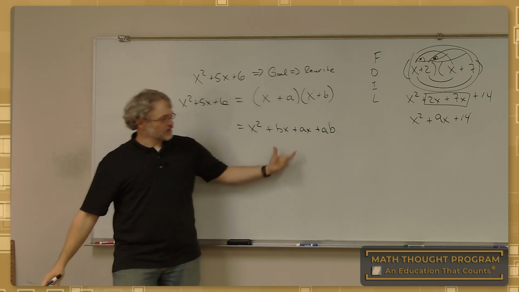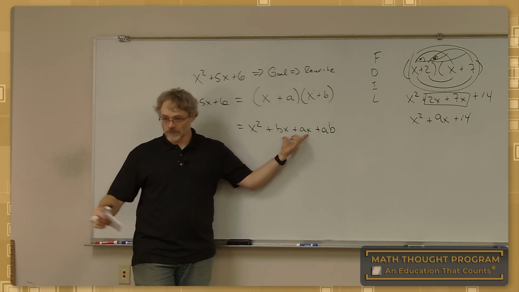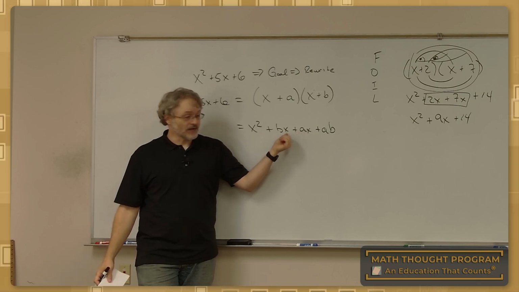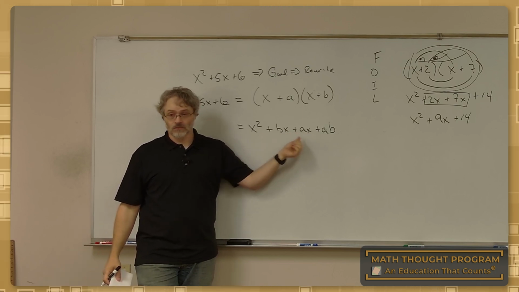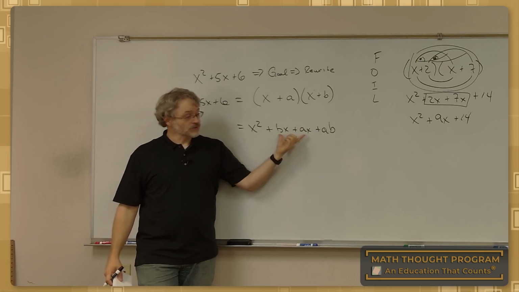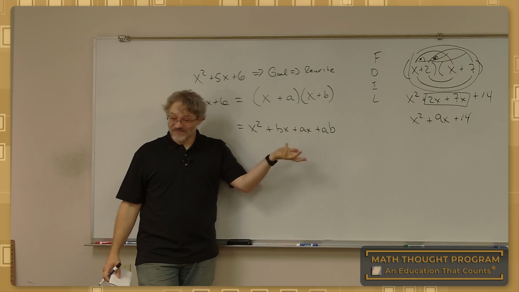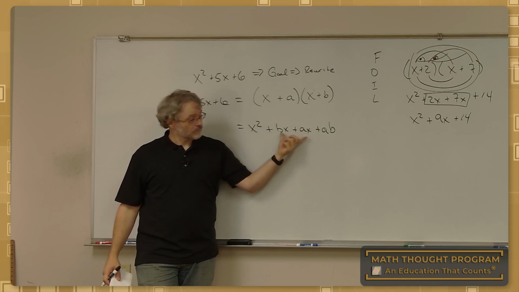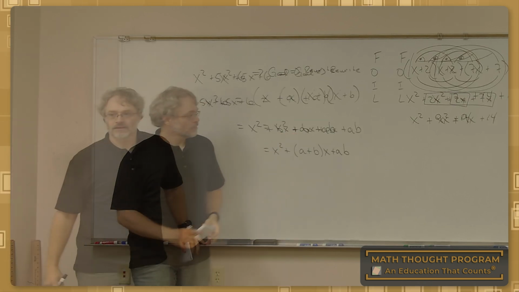And if you notice, here I have two terms. You might recall these are like terms because they have the exact same variable raised to the exact same power. I can also take the x and factor it out. There's that distribution property I can apply right here.